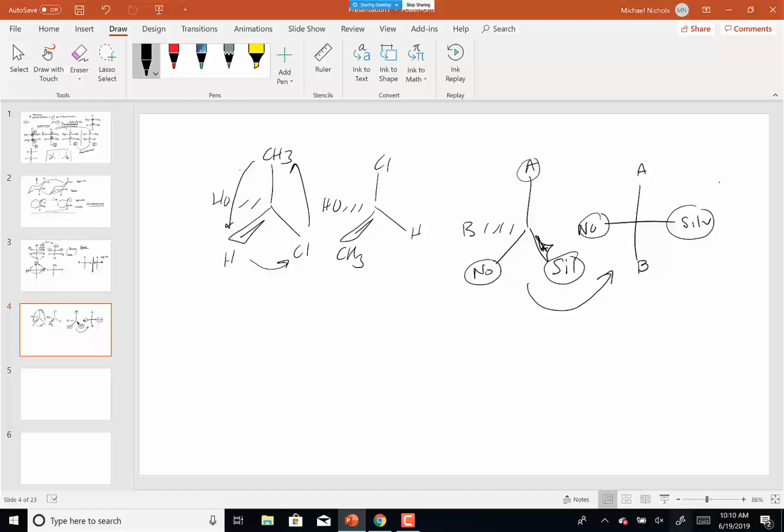So when you only have one chiral center, if I give it to you in the same orientation, you can switch or rotate. If I don't, you're pretty much stuck in doing R and S unless you can manipulate that structure.